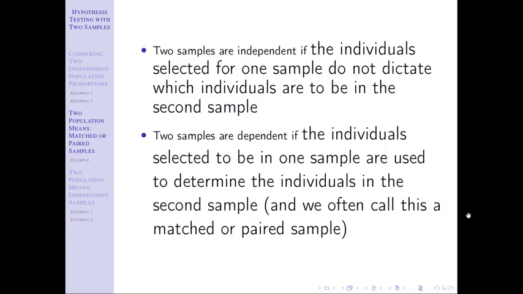Not to say that people in independent samples don't have pairs. It's just, is the other part of the sample their pair? Because we all have pairs. We could be attached to another person if we create some form of a relationship, whether it's significant others or friendships or parental or whatever it may be. We have people we could say are our matches, but is that the person in the other sample or not?